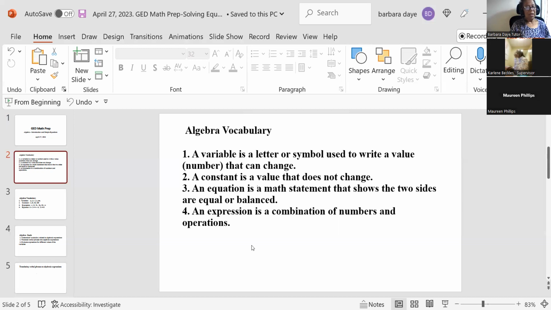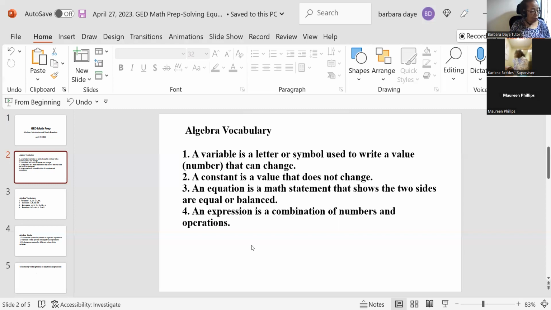Now, we've been looking at equations, the not equals, the inequalities. But in algebra, we will use equations, not inequalities. In other words, we'll show that the two sides are equal.